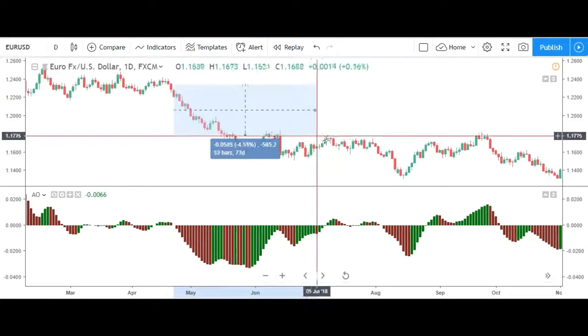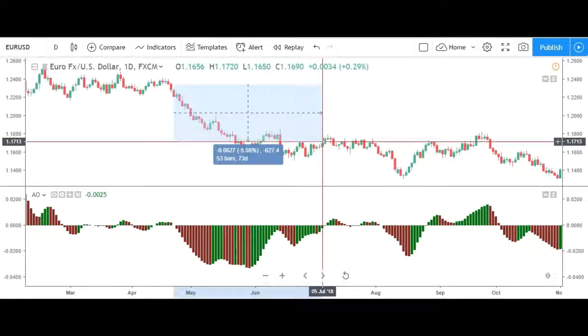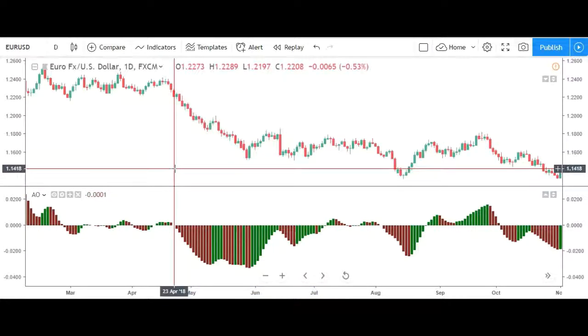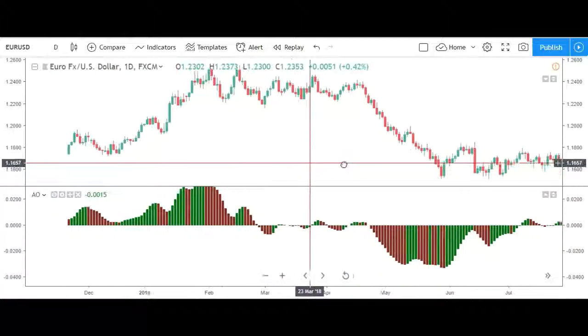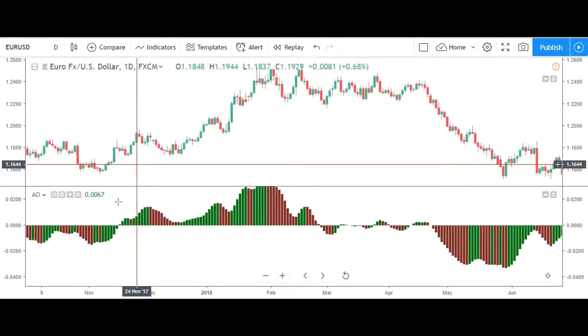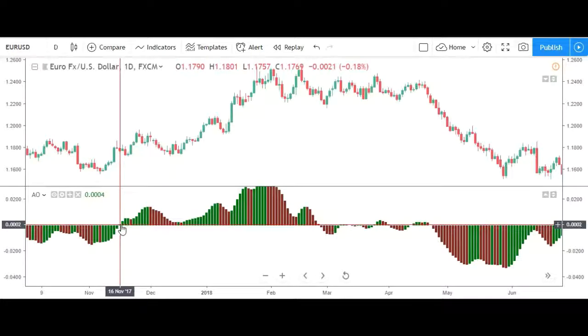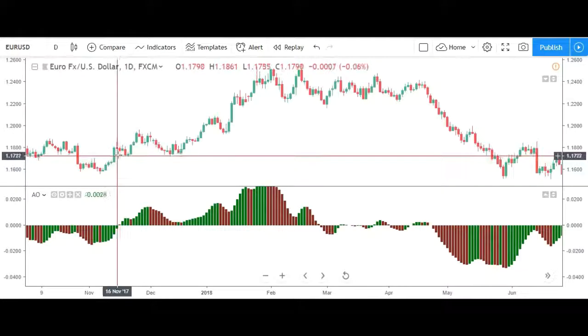Let's go through a couple more examples. Like we can see once again, it was ranging for a while, but once the ranging was over, we could see this big, nice trend coming on. And like this, right until even right here, considering this is days, we would have got on that trade 627 pips.